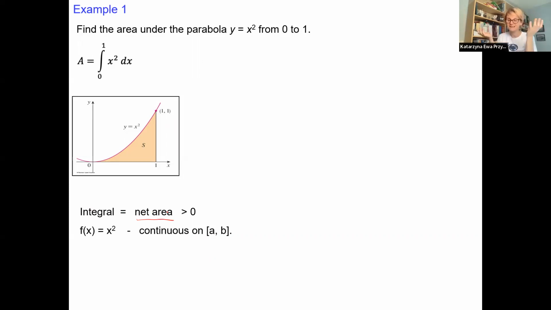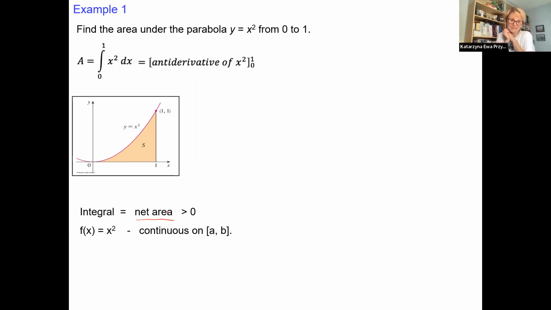We don't know what the area is if we have some discontinuity, especially a vertical asymptote. But x squared is a continuous function. Unless I specify to use the limit definition, we can do it as fast as we can.